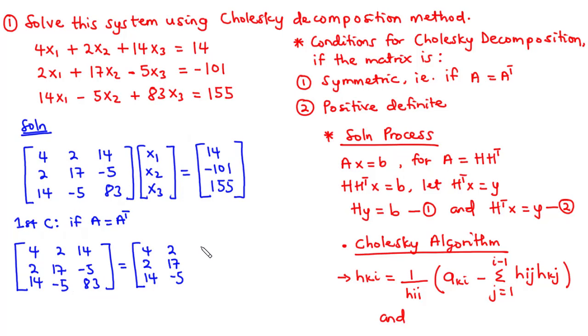Column 3, we have 14, negative 5, 83. So for the transpose, you basically make sure that each row becomes a column. Now let's compare the values in here. You realize that the matrix on the left hand side is equal to the matrix on the right hand side, which means that A is equal to A transpose. Hence, the coefficient matrix A is symmetric.